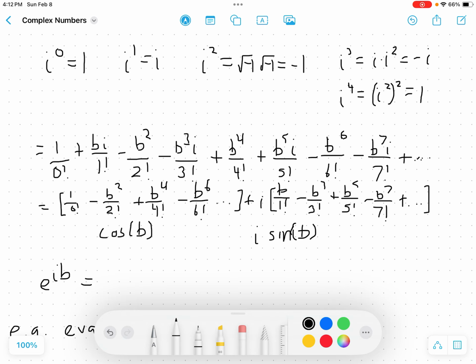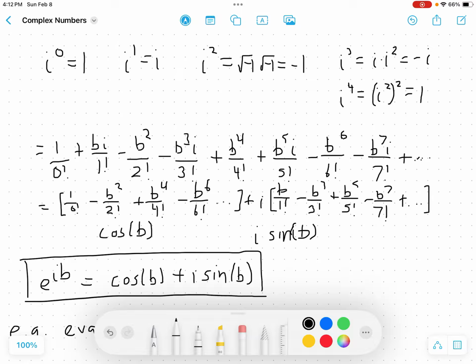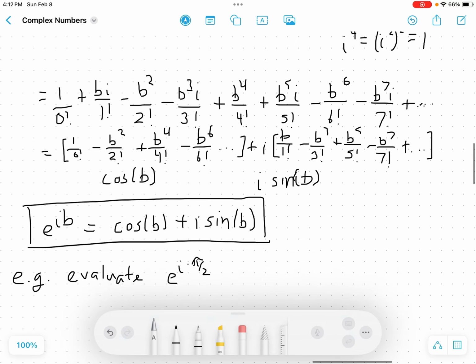It really just kind of makes sense, and it would fit very well with the power series definition to say that e to the I times b is equal to cosine of b plus I times sine of b. So we're going to take this as our way of computing e to the I times b. It gives us a very straightforward means of doing that without needing to resort every time to power series. So we take this as our definition.